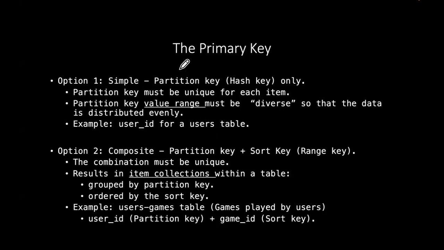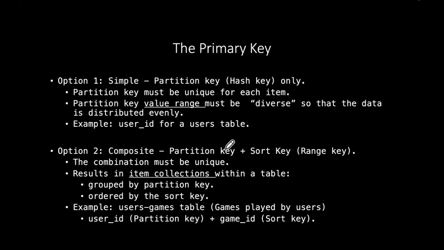Whereas up here, we said that each item had a unique partition key value, and the partition key value only occurred in one item of the table. Whereas down here, the partition key value will be repeated in more than one item. But when you take the sort key with it, that combination is unique.